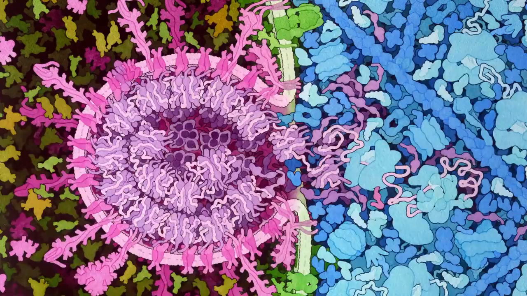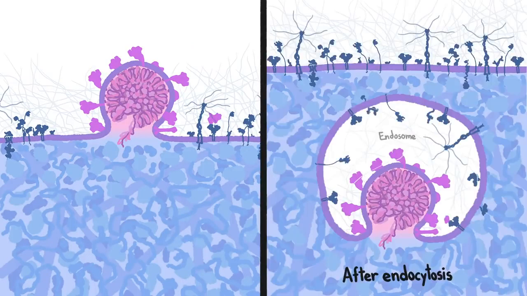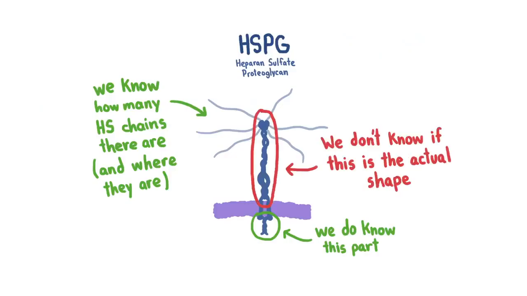Also, this painting has some degree of informed speculation, since we don't know everything about the coronavirus infection cycle. For example, it's February 2021, and we don't know if the fusion happens at the attachment site or after the virion is enveloped by the cell. And we don't even know the exact shape of some of the cellular structures involved.